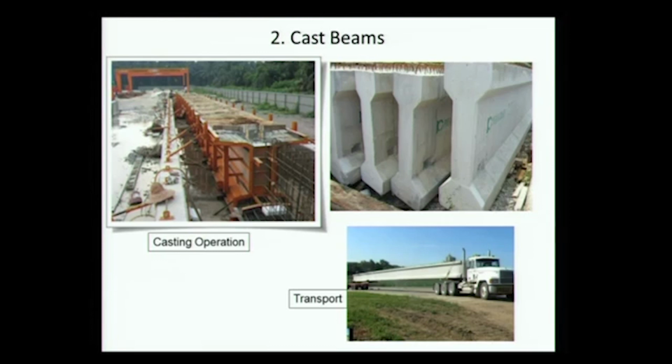Now we come to the same question here. In this case we are saying that beam casting is part of the project, and we are assuming that there is a total of 6 beams required, 3 plus 3, 3 on one span, 3 on the other, and the sequence of beam fabrication is like this.